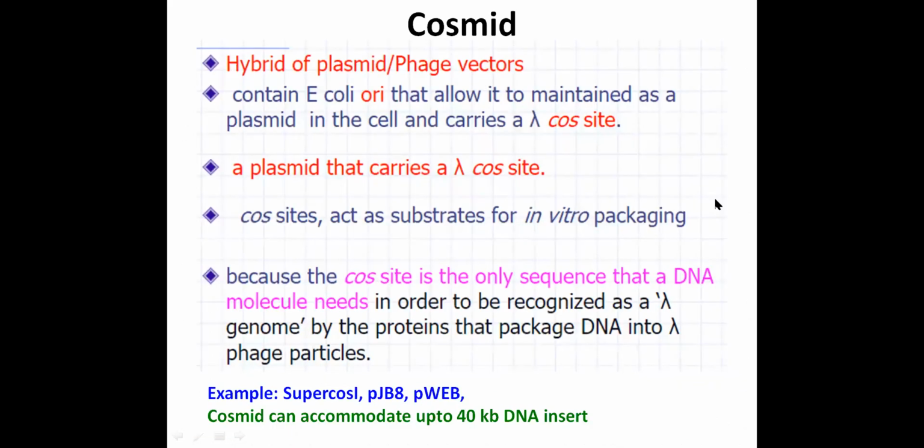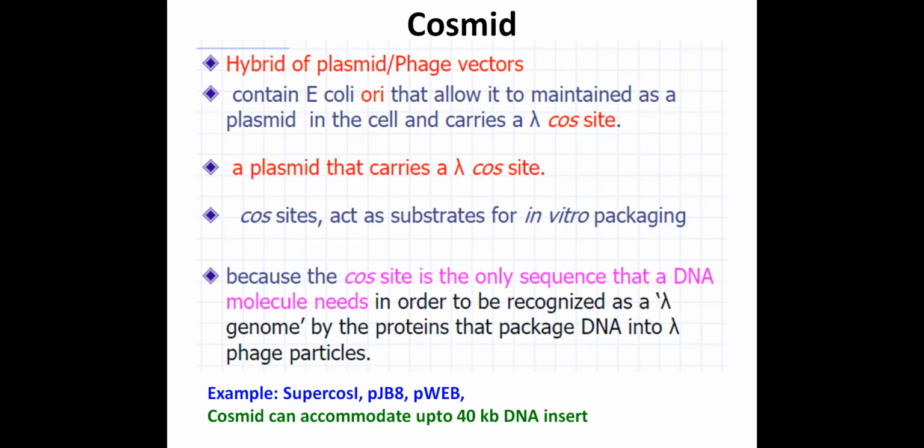Now the cosmid. The cosmid is a vector which is made up of two types of vector. This is the hybrid of plasmid and bacteriophage vector. The cos site is from the bacteriophage vector, and the mid part is used from the plasmid. So cosmid means a hybrid of plasmid and bacteriophage vector.